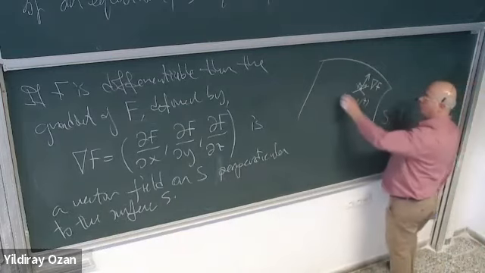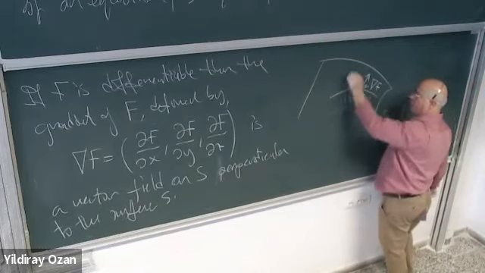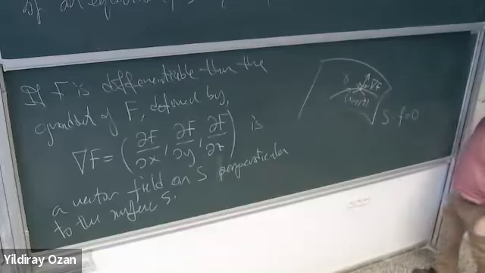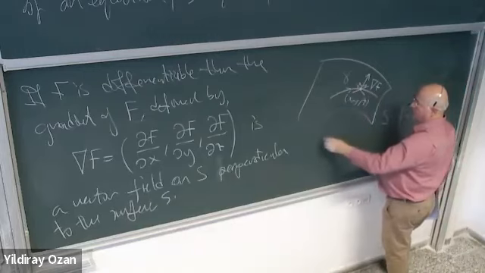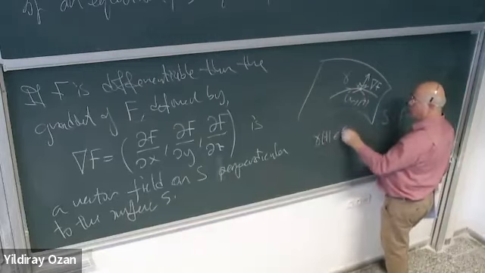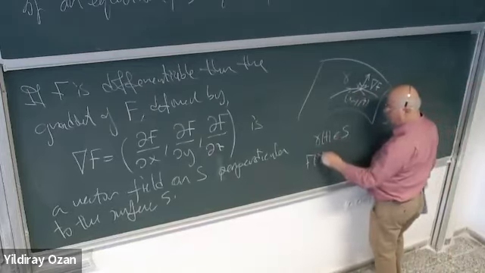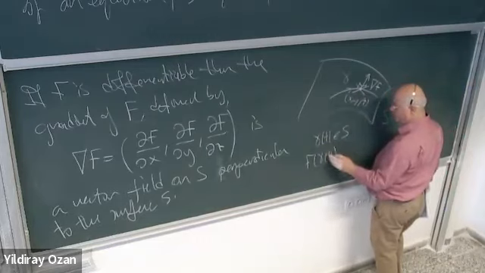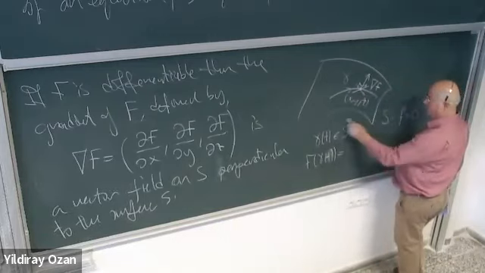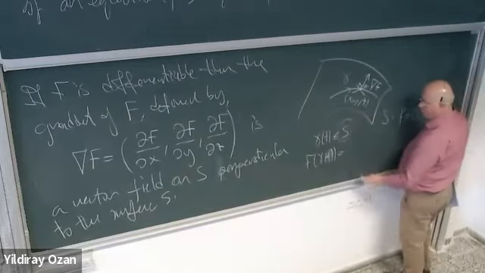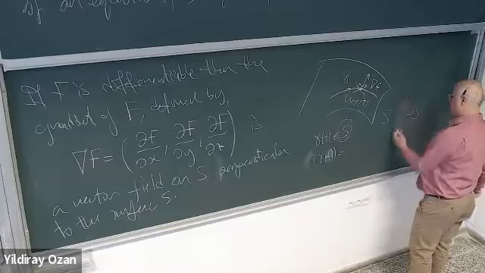If you choose any path, let's say going through this point, so gamma(t) is a path on the surface. Since it is on the surface, this is the set of points where F is zero. I am sorry, this is big F, not little.